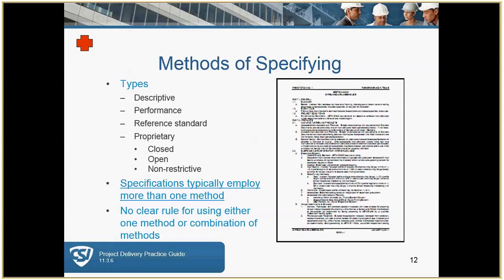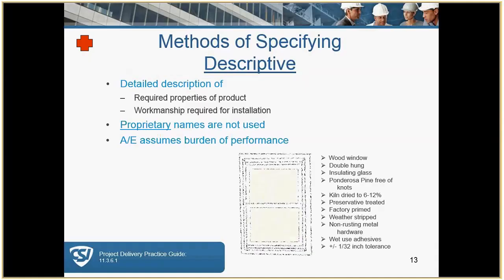What is it intended to do? Most specifications will have 2 or more of these methods of specifying, and that's probably the way to go, and that's the way to get a more complete picture for a particular item or component that is going to be specified. Now, methods of specifying: descriptive.